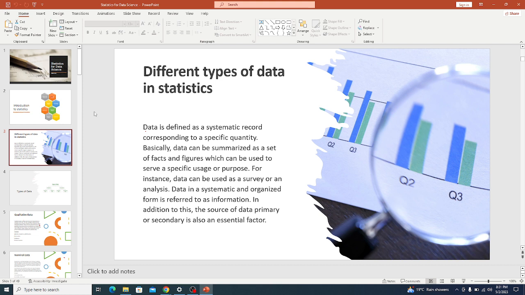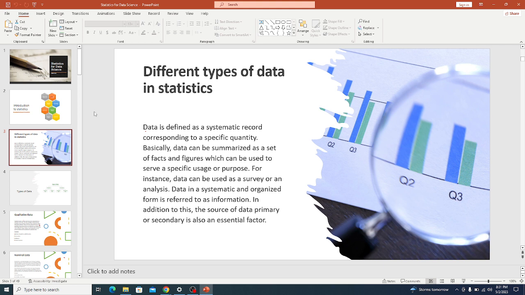I know most of you know the difference between discrete and continuous data, but we shall also discuss that in a different slide. Majorly, I was trying to show you different types of data in statistics and how they are subdivided.